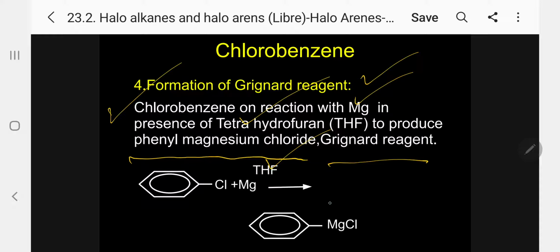Kindly follow. This can be useful for the synthesis of a number of organic compounds. Here again Cl is substituted by magnesium chloride. Please follow. So this is the most important Grignard reagent.